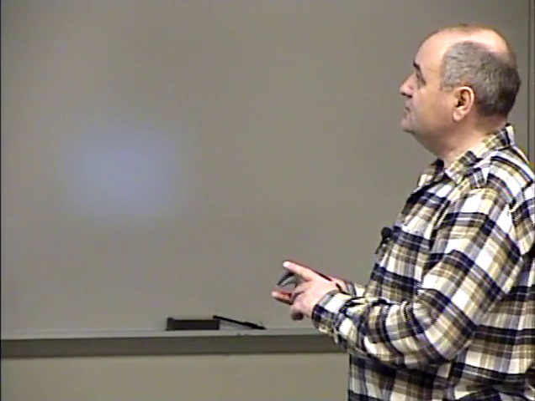How many joules? 1,000 joules, correct. My mass is 100 kilograms, acceleration due to gravity is 10, and I raised the center of mass by 1 meter, so 100 times 10 times 1 gives me 1,000 joules. I increased my gravitational potential energy by 1,000 joules.